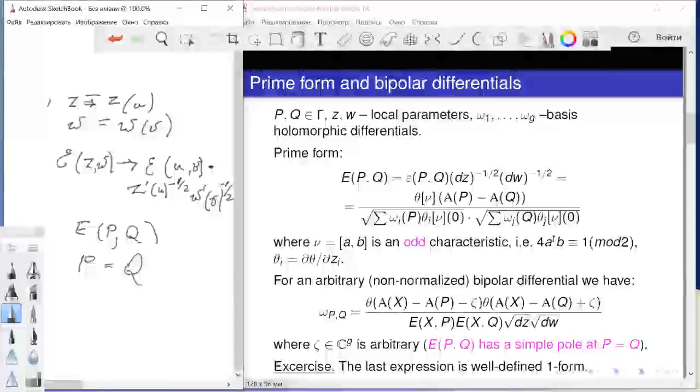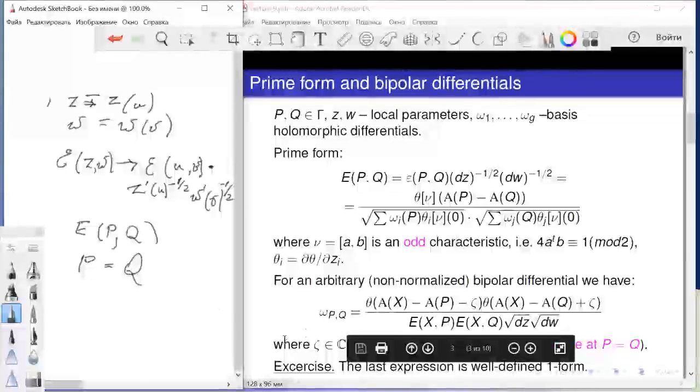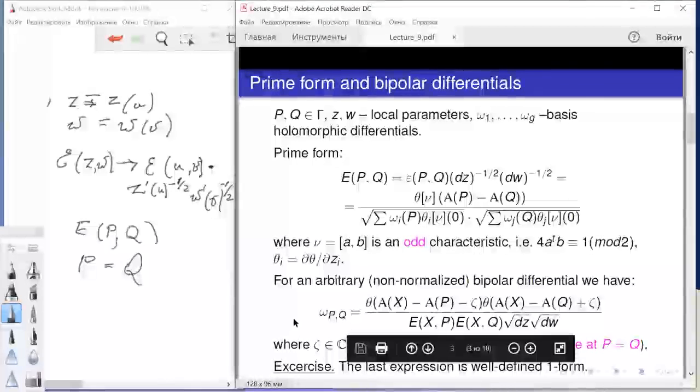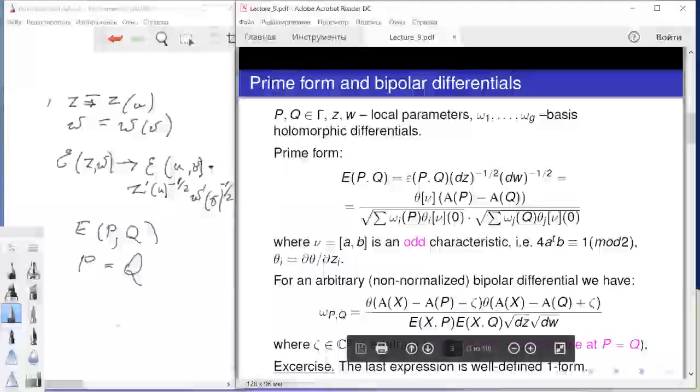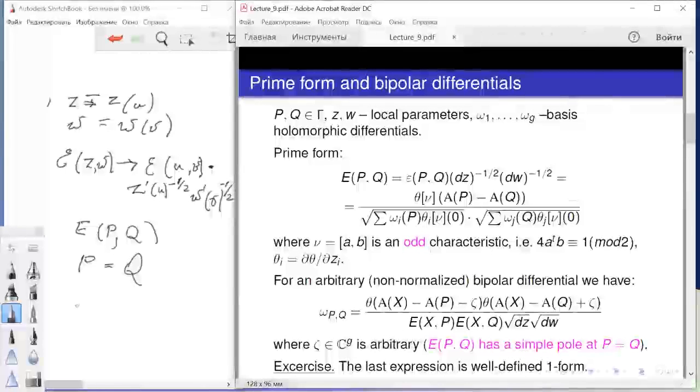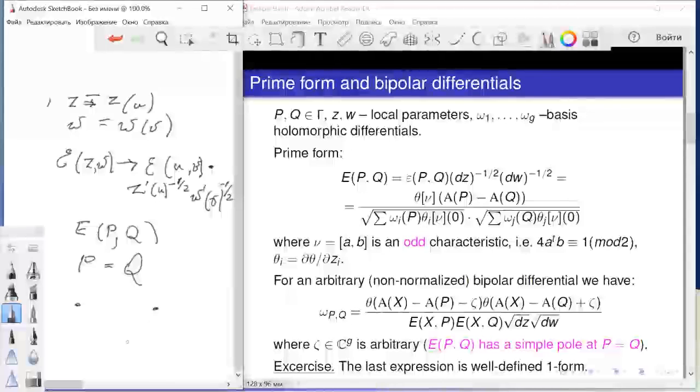Just an immediate application of prime form is the following. Using theta functions and prime forms, we can give an explicit expression for any bipolar differential. What I mean by bipolar differential? I mean a one form with two and only two poles with opposite residues at these points.